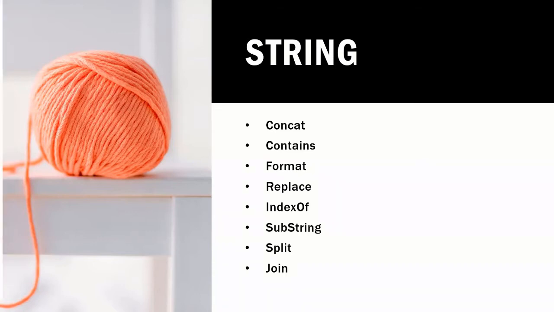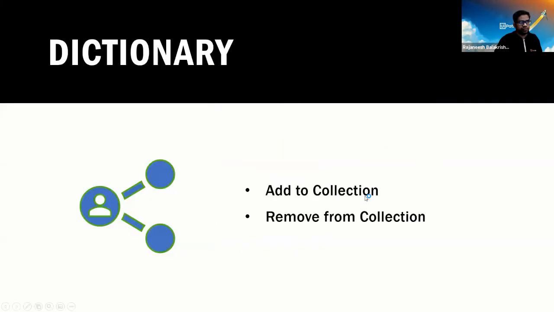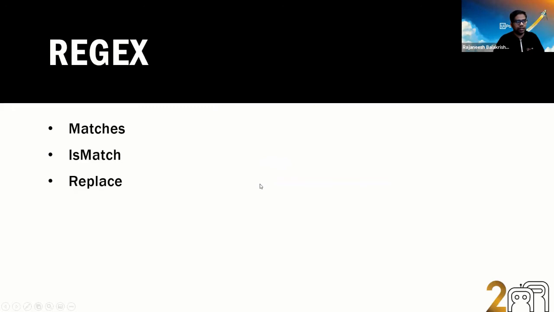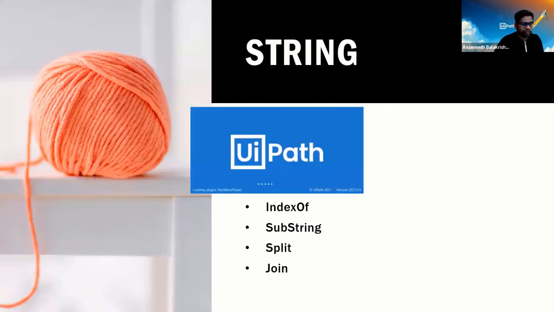So I'll open UiPath just to start working on this. First, we will look into string, and then we'll go to other types. Bear with me until I open UiPath.